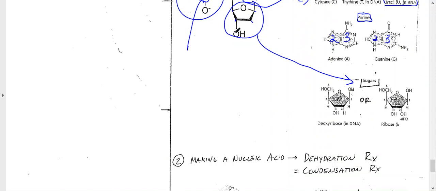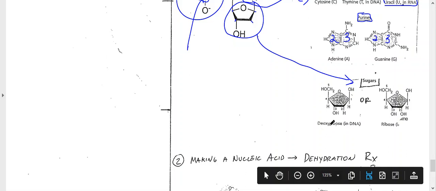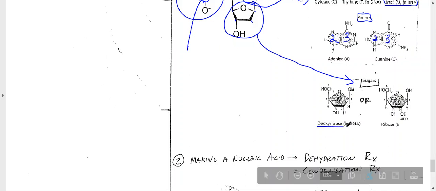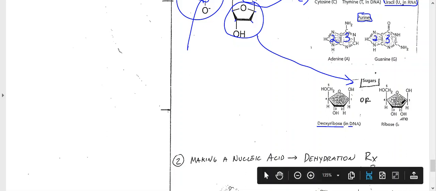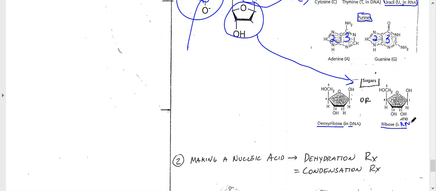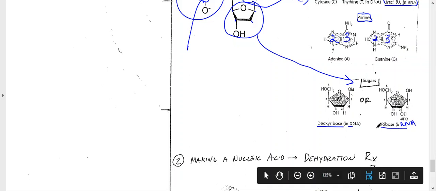If you look at the 5-carbon sugar options, you have 2 options. If you have DNA, that 5-carbon sugar is deoxyribose. That's where the D comes from. And if you have RNA, that sugar is ribose. That is where the R comes from in RNA. And the only difference, if you're looking at these, you can pause it and find it if you want, or you might have already seen it.